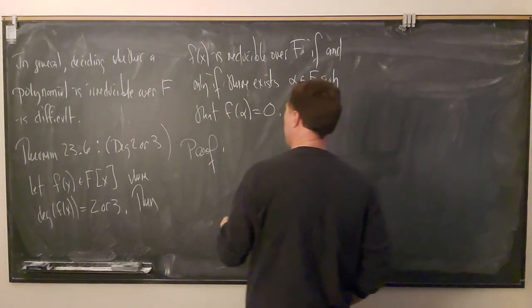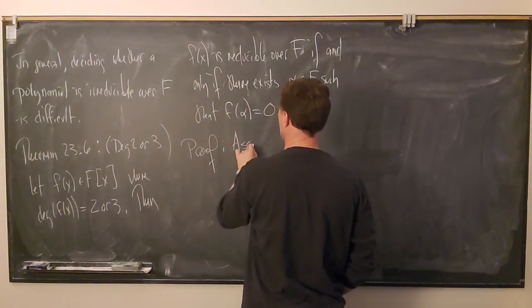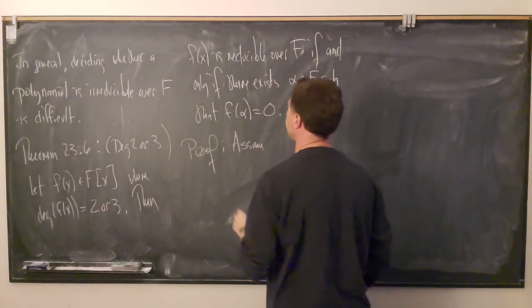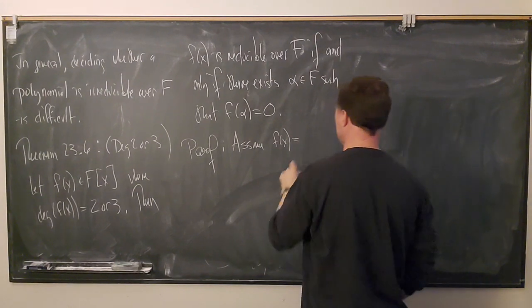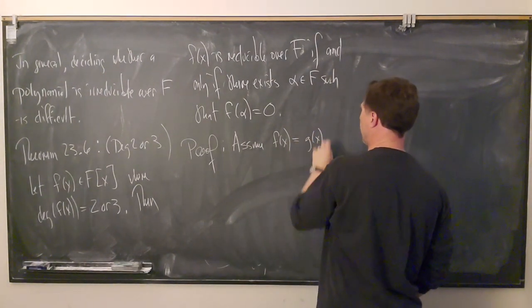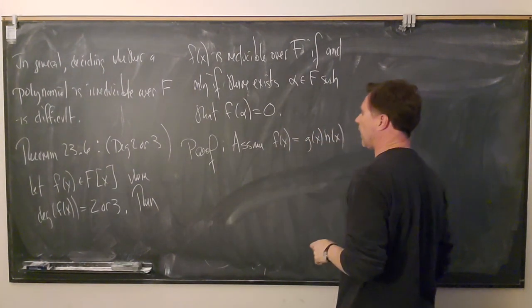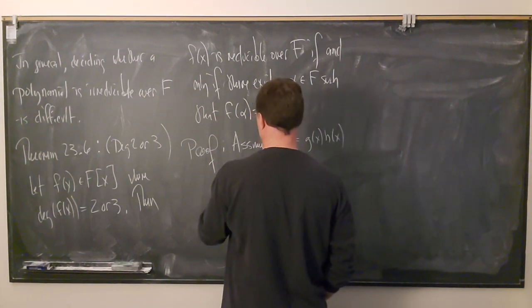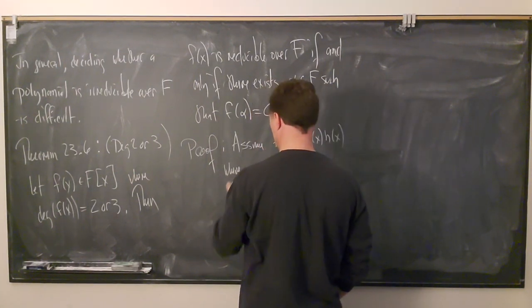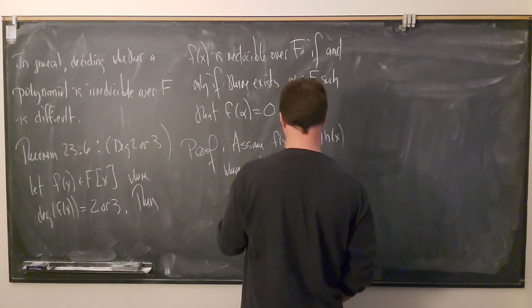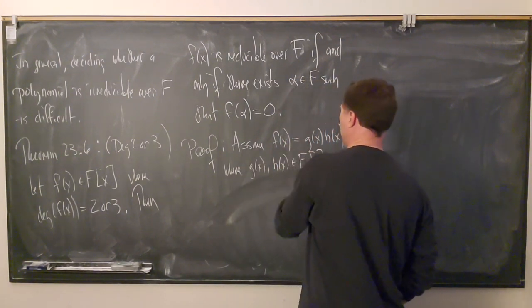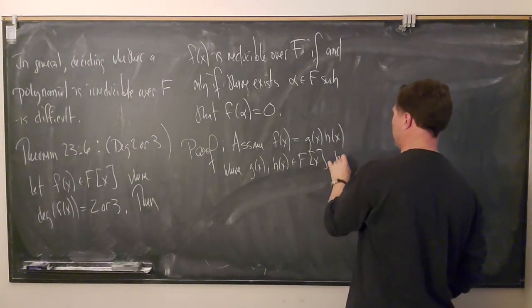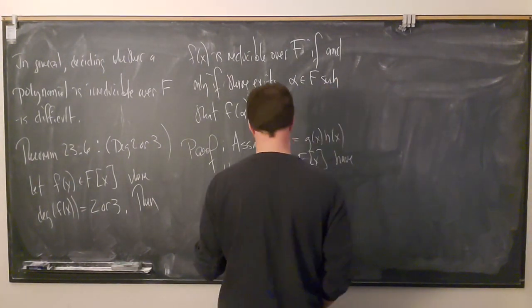So in the forward direction, let's assume f of x is equal to g of x times h of x, where g of x and h of x in F bracket x have lesser degree.